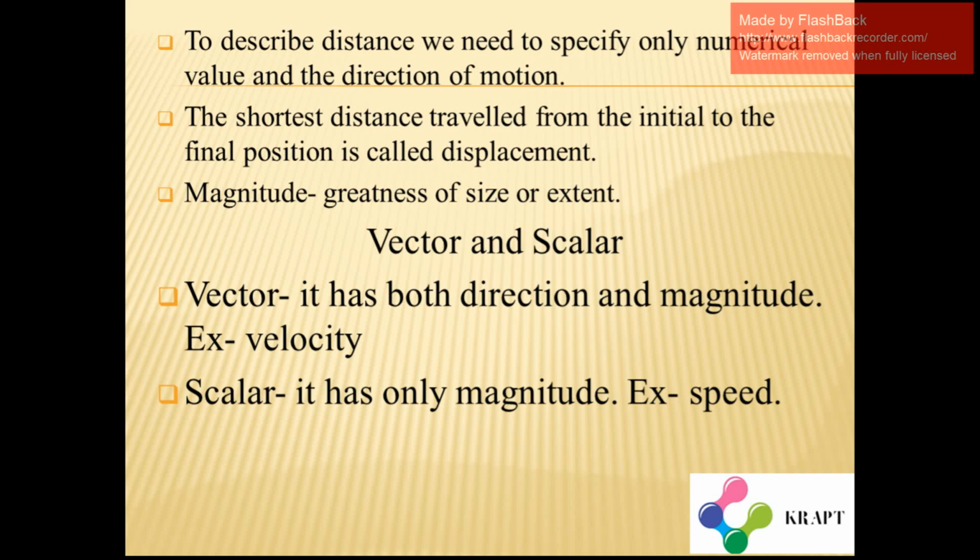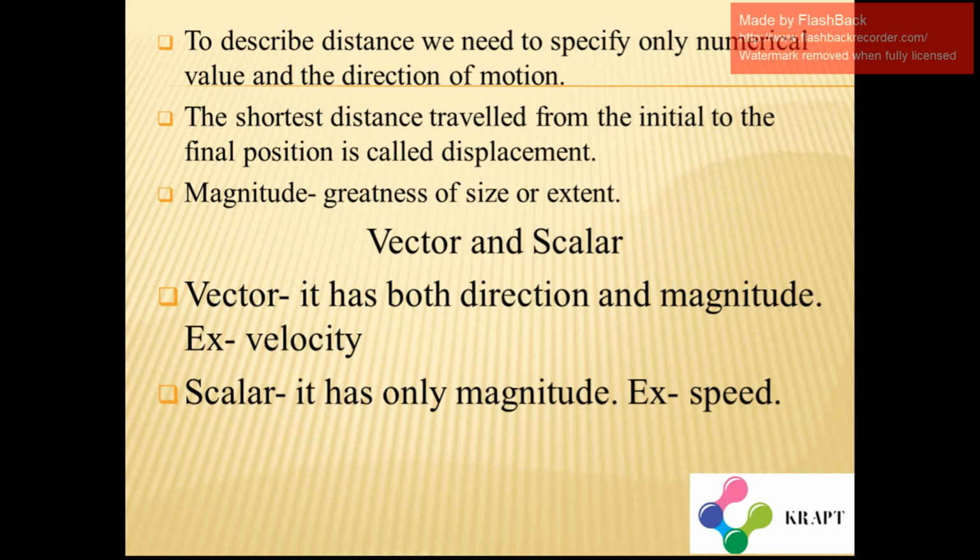To describe distance, we need to specify only the numerical value and the direction of motion. The shortest distance traveled from the initial to the final position is called displacement. In your lower grades, you might have learnt about vector quantity and scalar quantity.